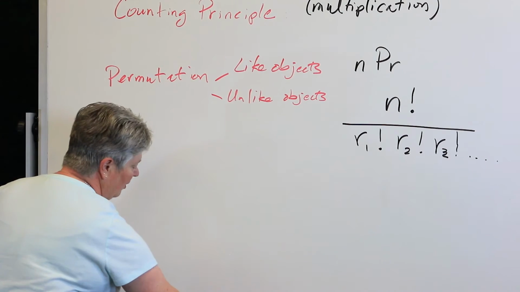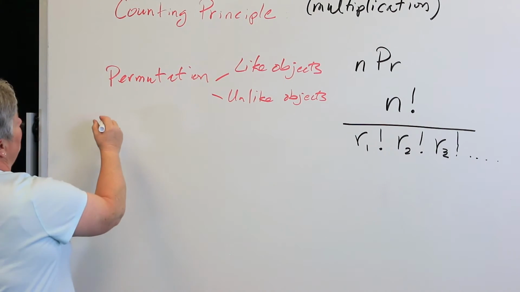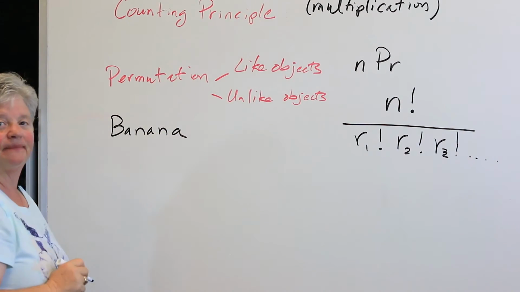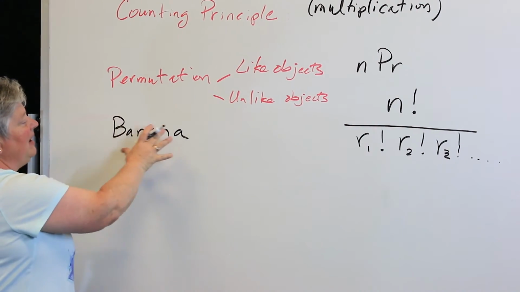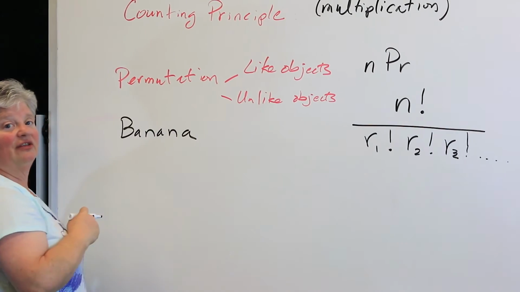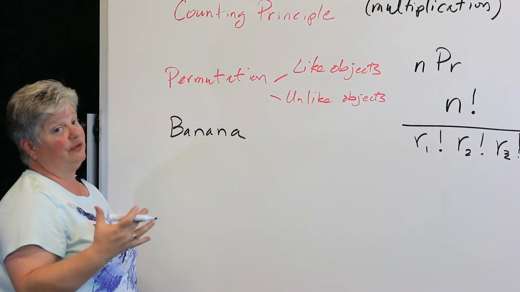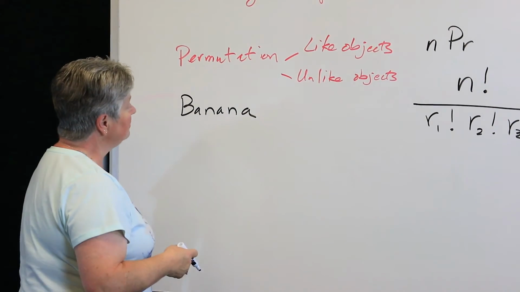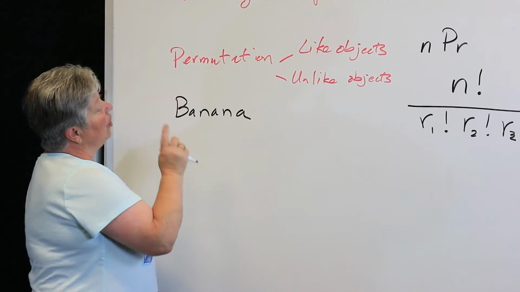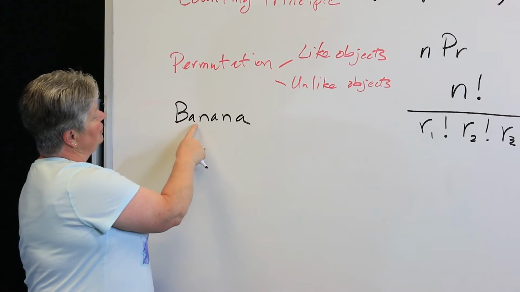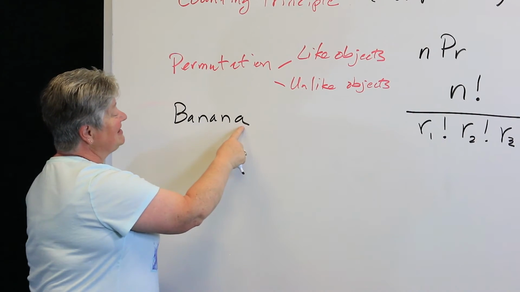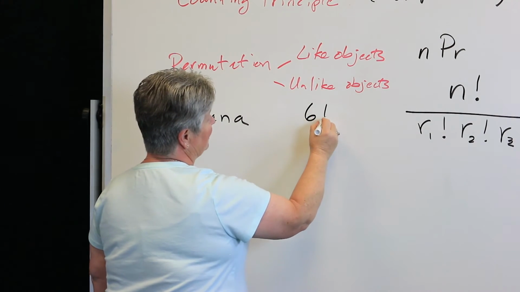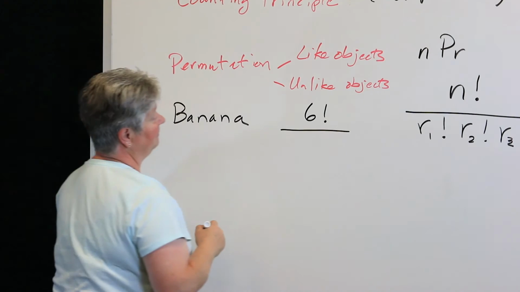Now let's look at a couple examples of these. So we'll look at a couple of words. If we look at the word banana, okay? And I want to know how many different ways I can arrange these letters, not to form words. Right now we're just arbitrarily saying to rearrange these. What I notice is I have 1, 2, 3, 4, 5, 6 total letters. There's my n factorial. So I have 6 factorial up here.